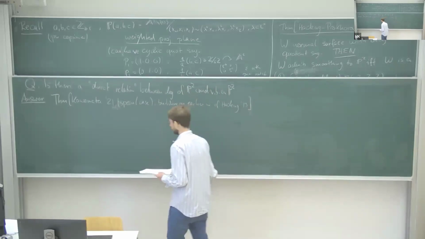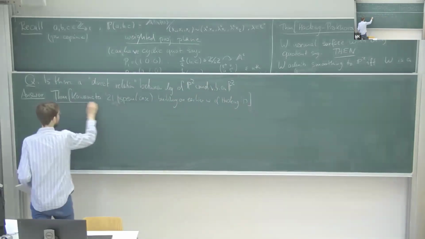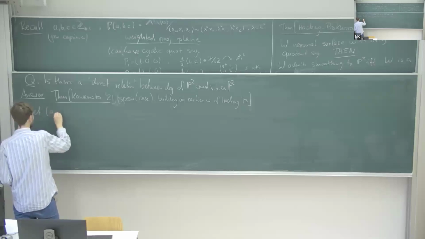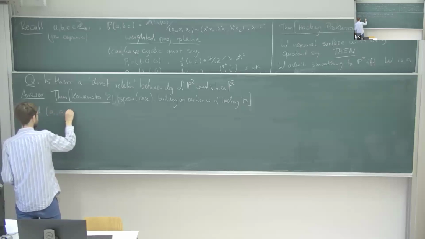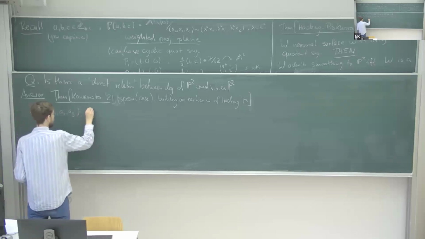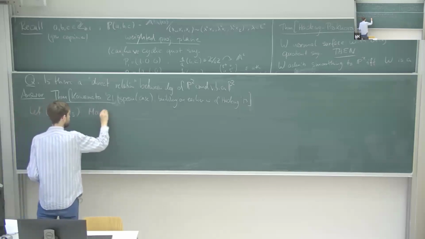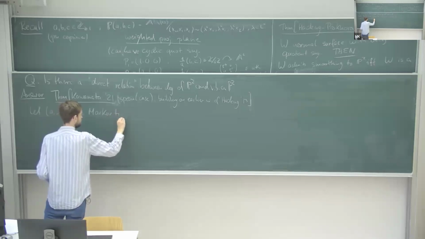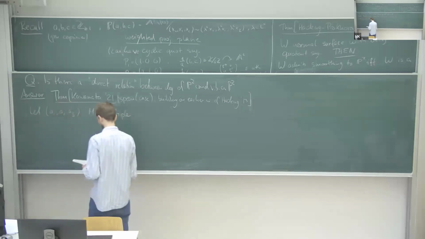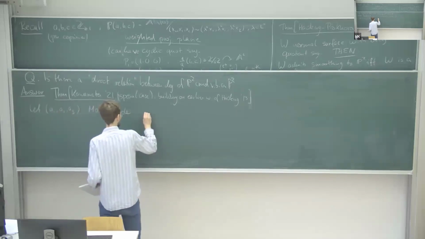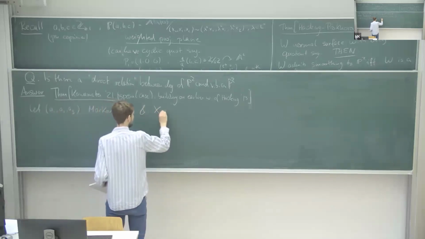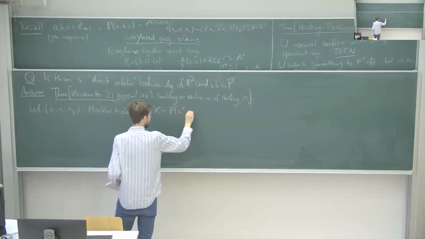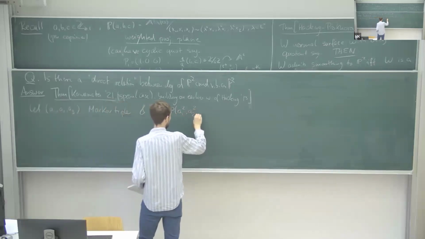So we start with the Markov triple A1, A2, A3. Let this be a Markov triple, and let X be the corresponding weighted projective plane.